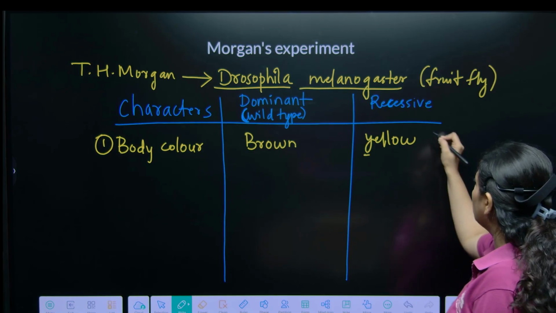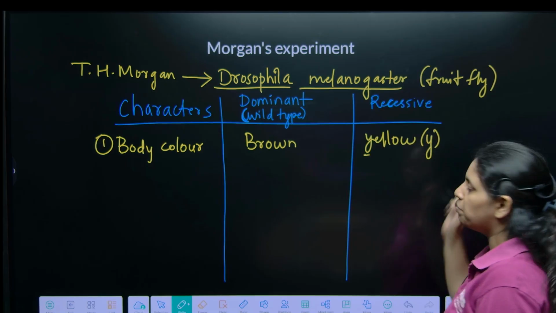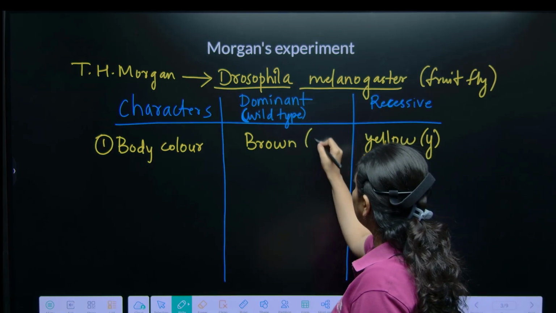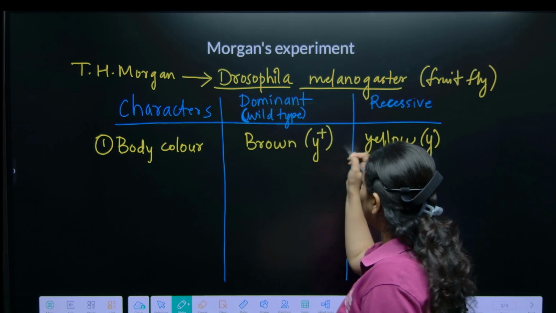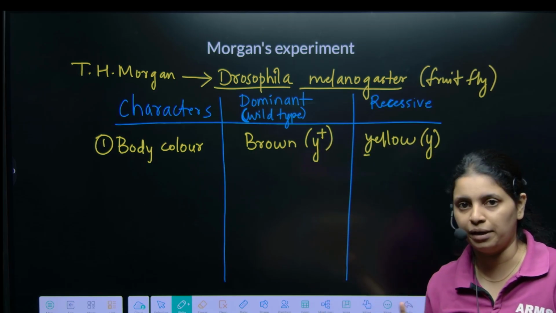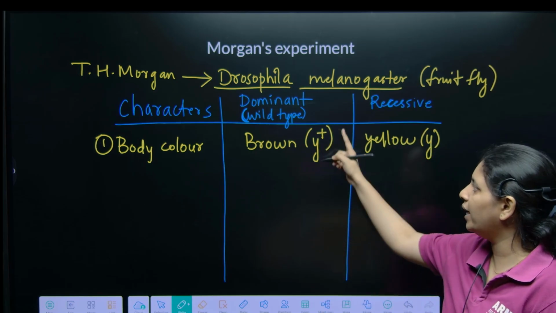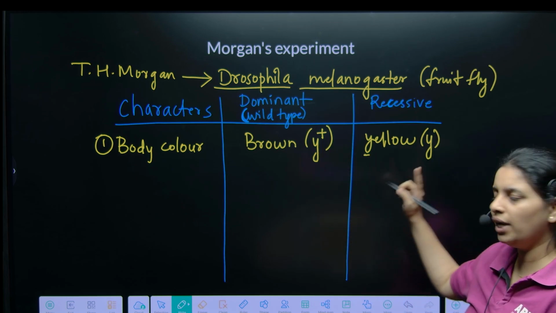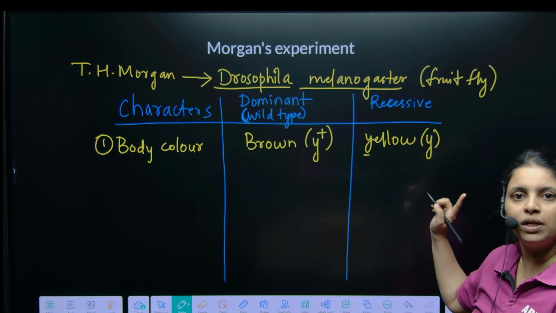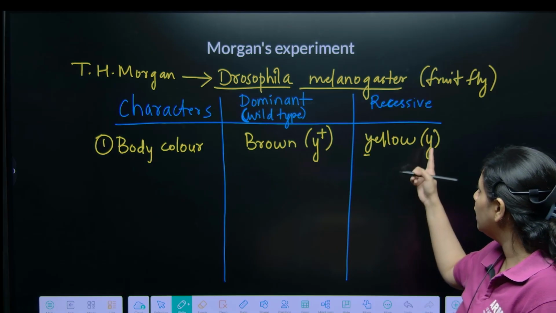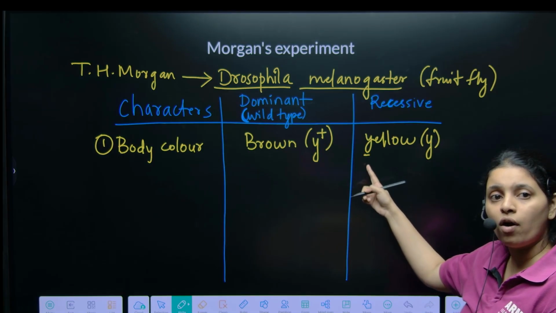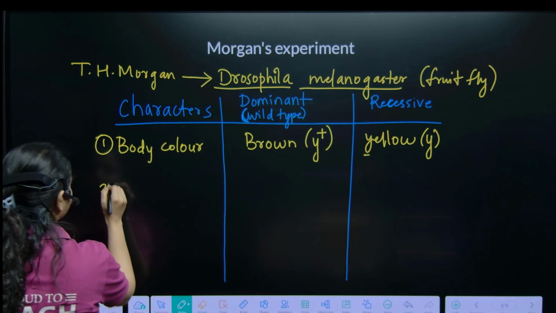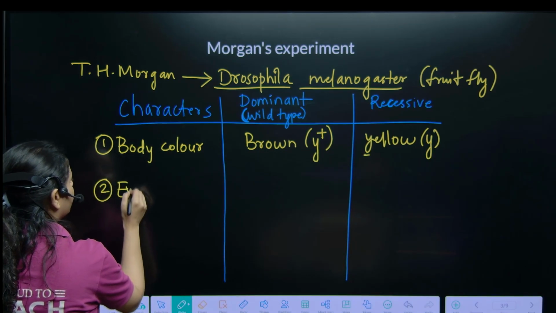Yellow is the recessive, so it will be represented by y, and the dominant one will be written as y plus. Plus represents the wild type. So this is as good as capital Y, y plus, and small y is as usual the recessive. But make sure here we have taken the first letter of the recessive character. Next, we have eye color.